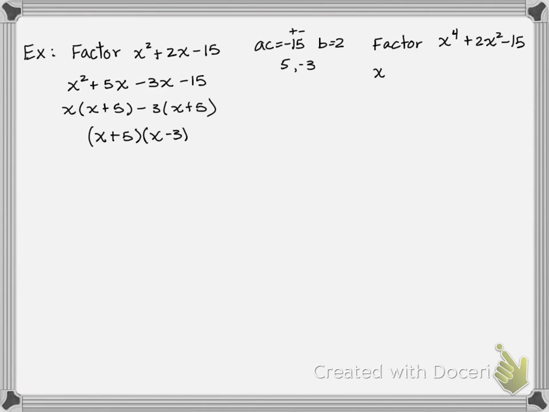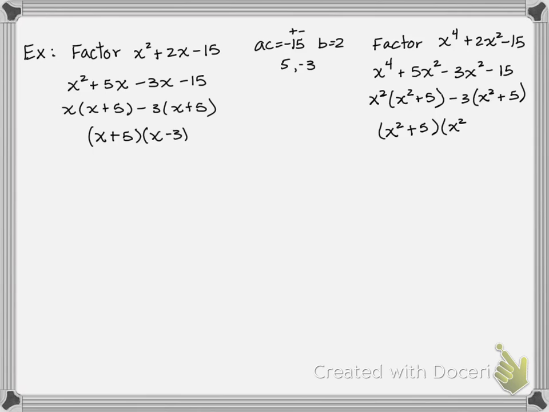So I'm going to split the middle term and say x to the fourth plus 5x squared minus 3x squared minus 15. Yep. And then I'm going to factor by grouping. I have x squared minus 3 x squared plus 5 gives me x squared plus 5 times x squared minus 3.